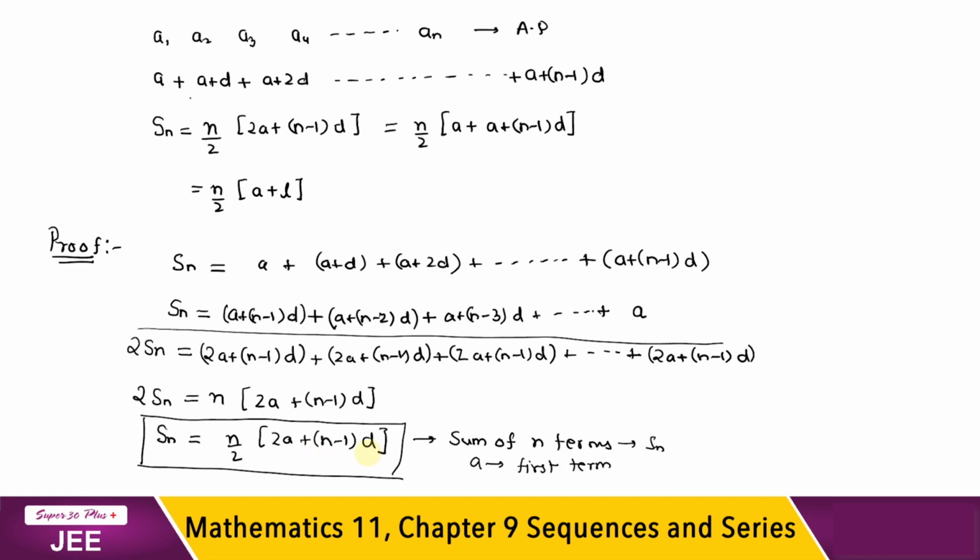Alright, so you have to memorize that if we have a sequence in AP, and we add all of the terms of that AP, then the resulting sum comes out to be n by 2 times (2a plus (n minus 1)d), or n by 2 times (a plus l), where l stands for the last term or nth term, and the sum of first n terms of an AP is denoted by Sn. So this also becomes equal to Sn. Alright students, so you are supposed to memorize these two formulas.